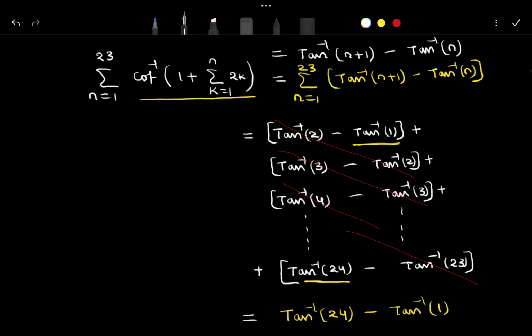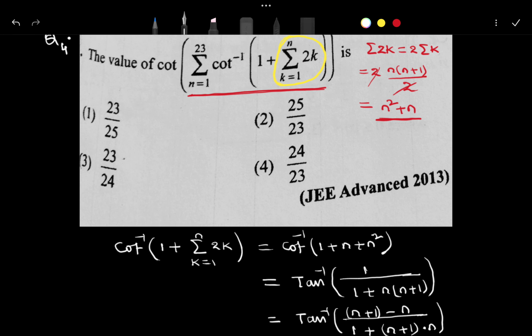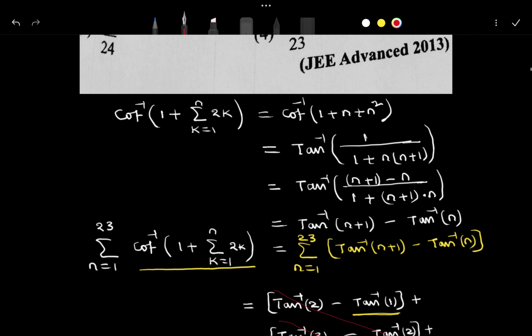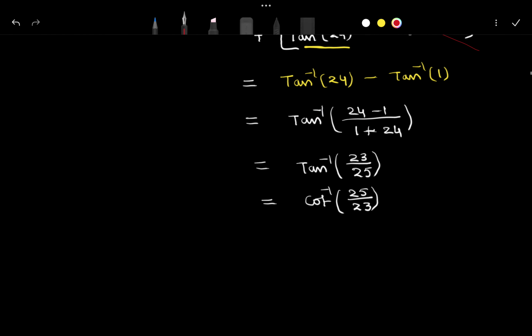So now you see in the given question, what options are given? One thing is there: the outside cot is there. This total value is cot of the sum from n equals 1 to 23. So the outside cot is there, therefore cot of, what is the resultant value? In terms of cot, it will be cot inverse of 25 by 23.